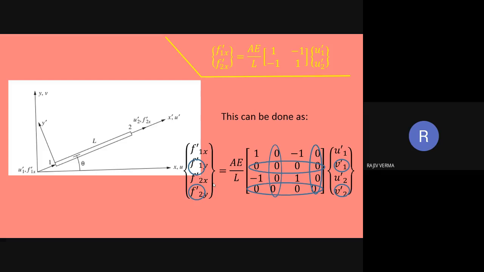So this basically means that the two equations have been introduced artificially in this particular matrix, and correspondingly we are going to denote this particular matrix with dashes: F dash is equal to K dash multiplied by D dash, which relates the local degrees of freedom to local forces in the x dash y dash frame.